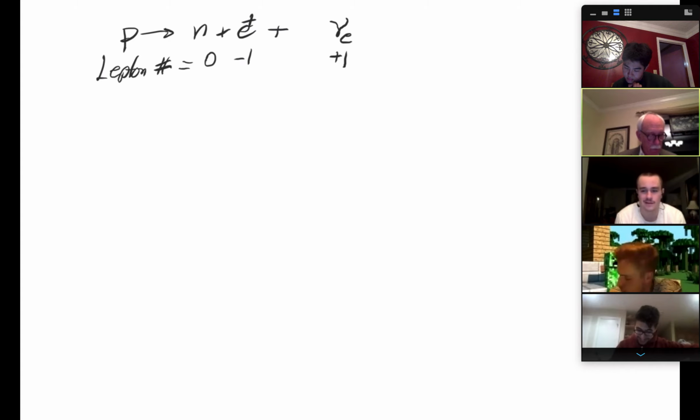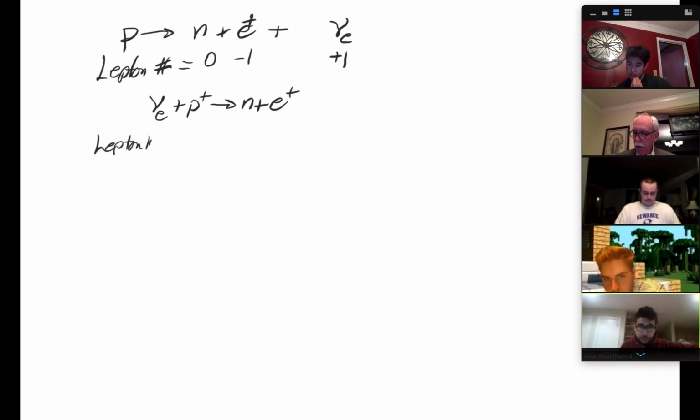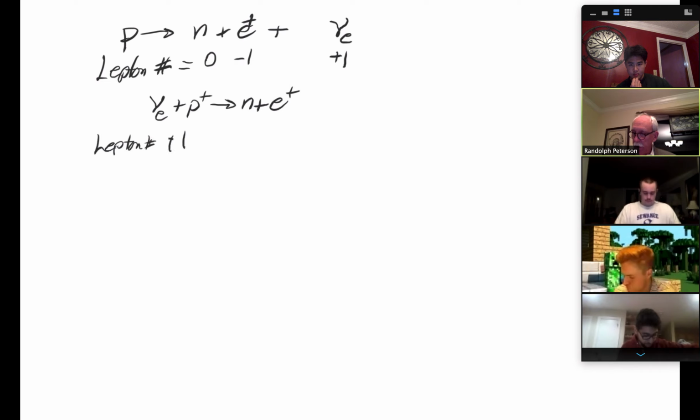Okay, let me find another one here. The lepton numbers, is it conserved? Yeah, so the electron neutrino is a plus 1. Electron is 0, neutron is 0.